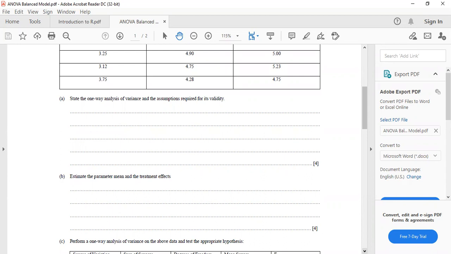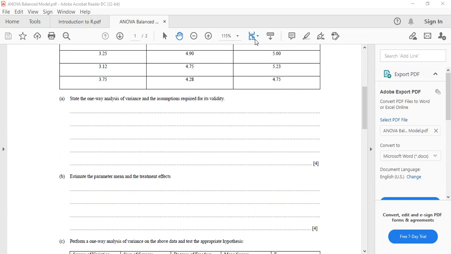Now the next thing is to calculate the treatment effect, right? You're supposed to write the formula. Every time you do any step, write the formula. In some situations, that formula has got a mark. If you miss it, you may not get all the marks. So tau i is equal to y bar i dot minus y bar dot dot, right?